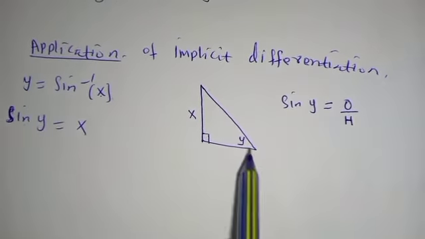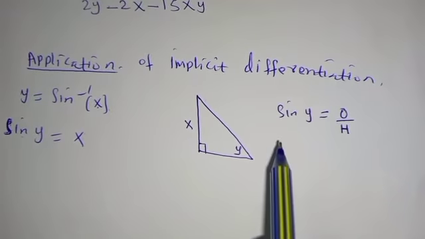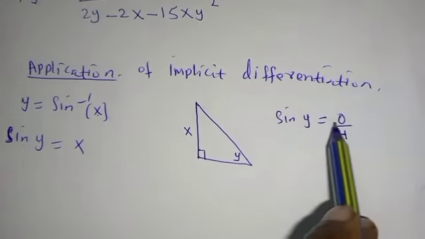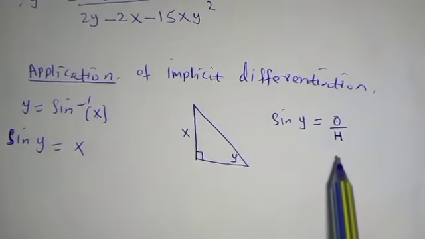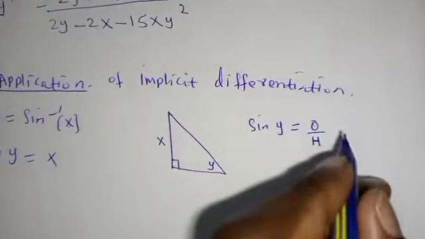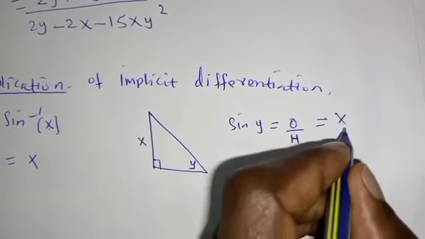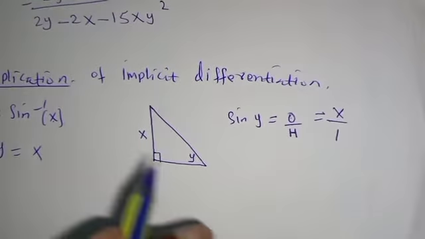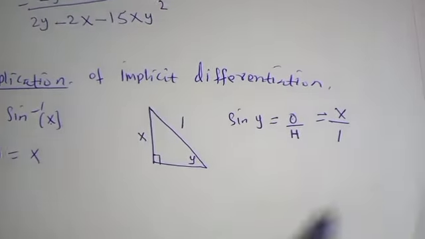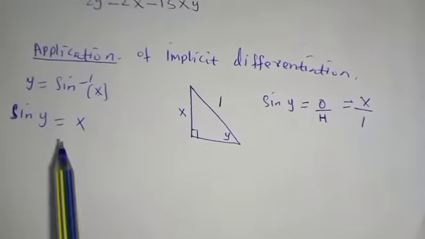So we are going to consider a right angled triangle, whereby now sine of y is given by opposite over hypotenuse. So our opposite is x. Our hypotenuse should be 1. So that when we divide x divided by 1, it will give us x.